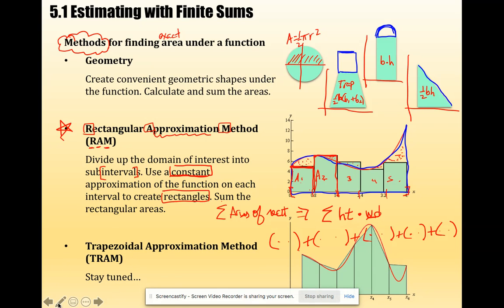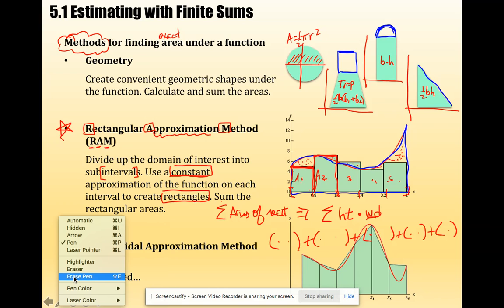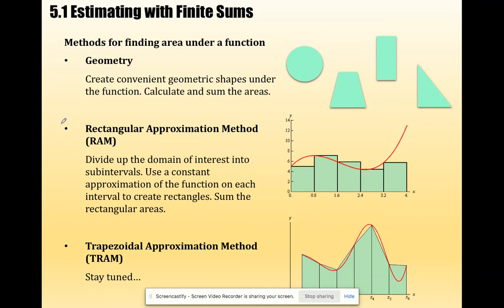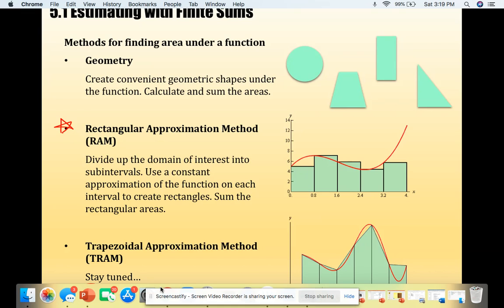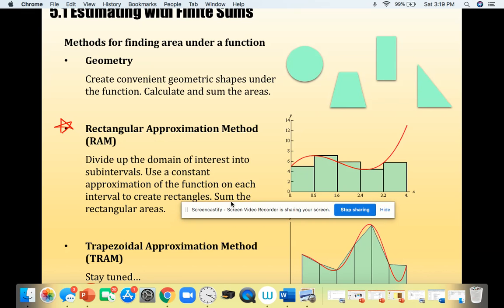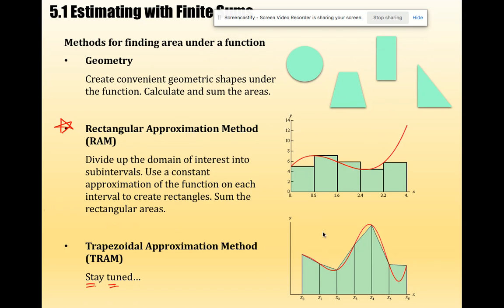There is the trapezoidal method, but we are not going to start with that one. It is the exact same idea, where instead of rectangles, you take your start and your stop, chop, chop, chop, chop, chop.